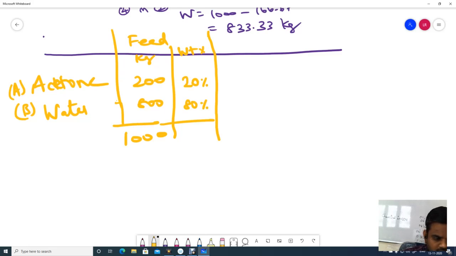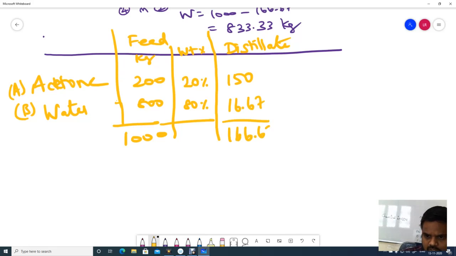So then we have distillate. What is the amount of distillate? Acetone present is 150. Water content is 16.67. Total is 166.67. Remember, we have calculated this.